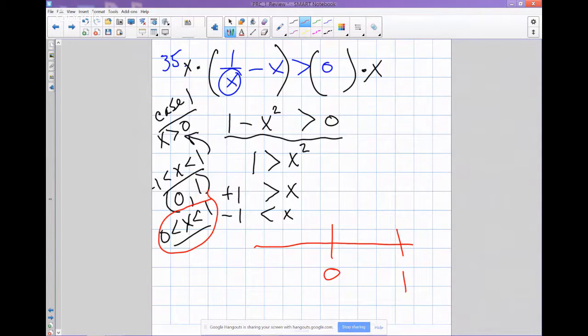Using the book's type of graphing, you would put 0 up to and including 1, and everything in between. And so the final solution for 35 would look like that. So case 2 wound up contradicting itself. You can't, by the way, ignore a case though.